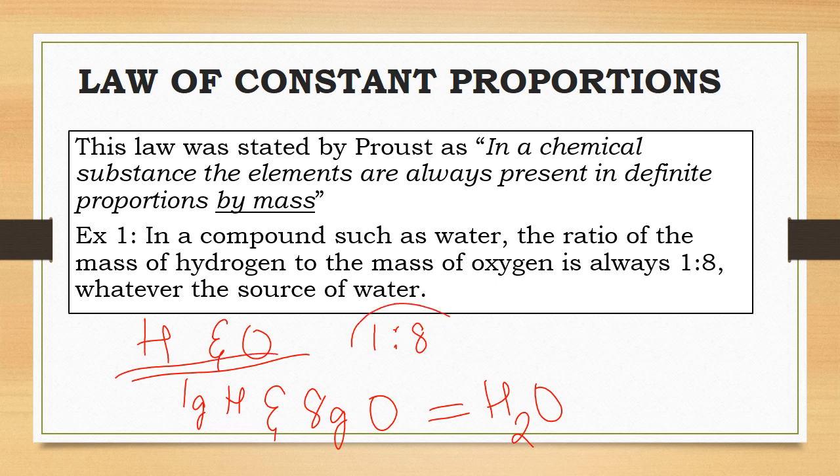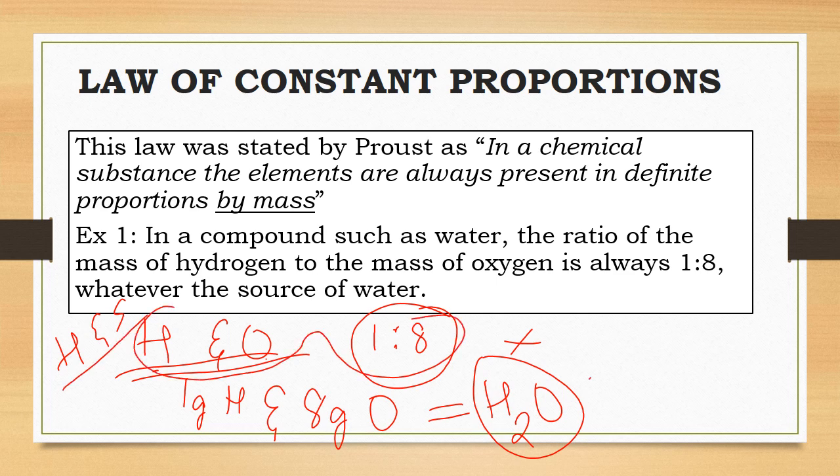If the elements change, or if the ratio in which they are combining changes, then it's not water. Say instead of hydrogen and oxygen, if hydrogen is combining with sulfur, then what we get is not water. Or if we have hydrogen and oxygen, but instead of combining in 1:8 ratio, if it is combining in 2:8 ratio, then what we end up with is not water.